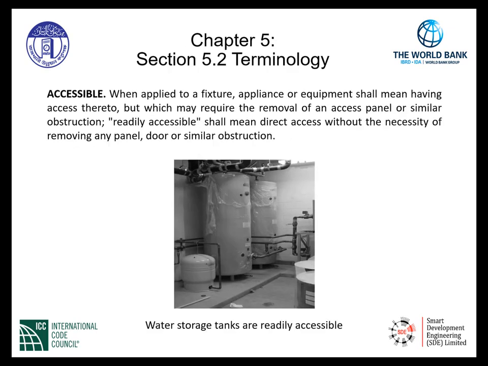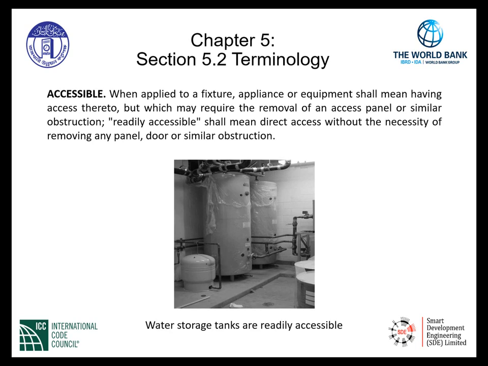The first term that we're going to look at is accessible. And the term accessible has some very specific language. It means, when applied to a fixture, appliance, or equipment, having access thereto, but which may require the removal of an access panel or similar obstruction.